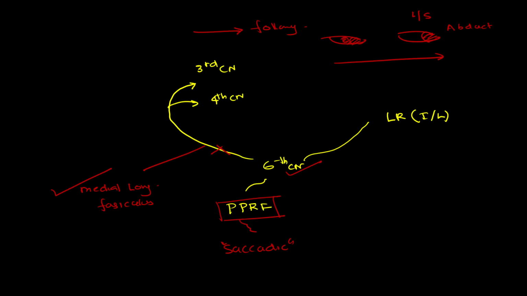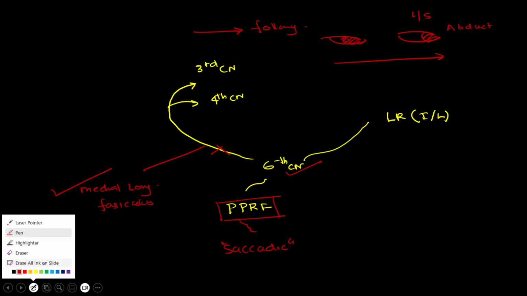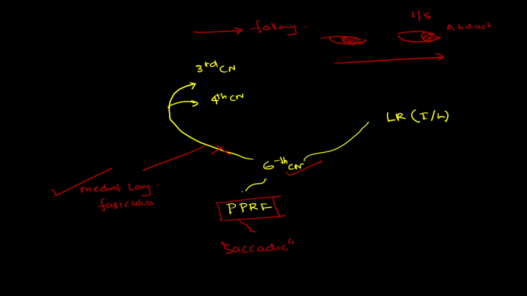Saccadic motions are carried out by the PPRF. The PPRF does this by involving the sixth cranial nerve. It sends information to the sixth cranial nerve, causing abduction of the left eye. Along with that, it sends information through the medial longitudinal fasciculus to the third cranial nerve for the adduction to take place.